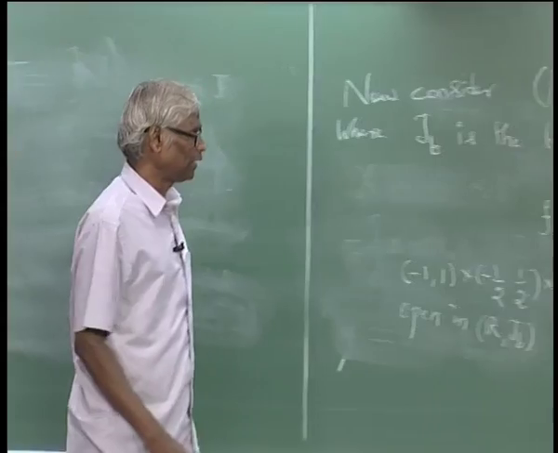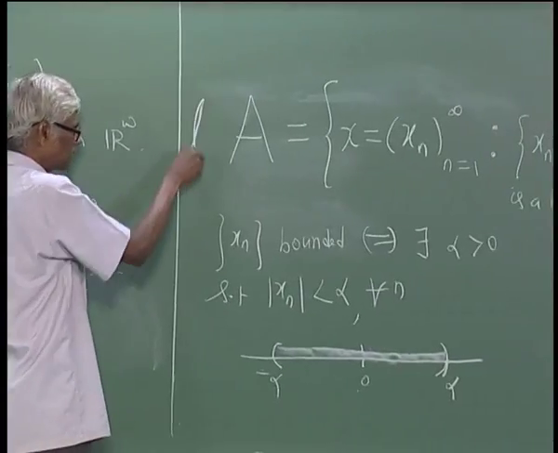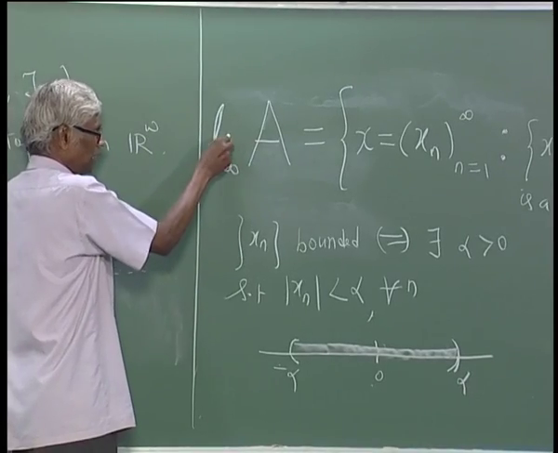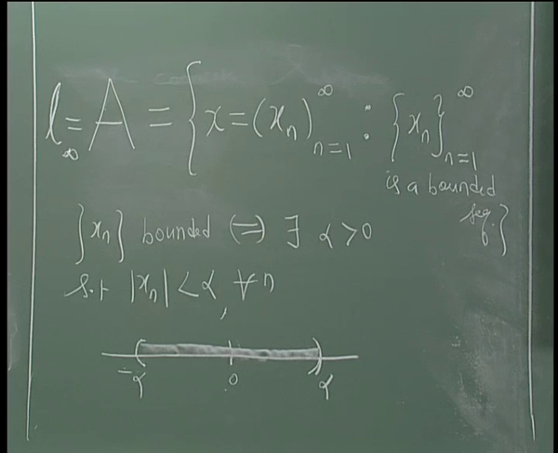The capital A, in the usual analysis class, we use as L^∞ with a suitable distance function. For us this is just a set which contains all bounded sequences.